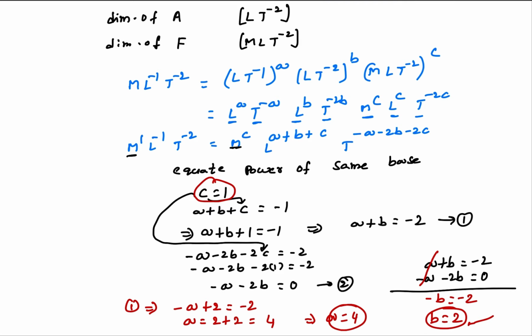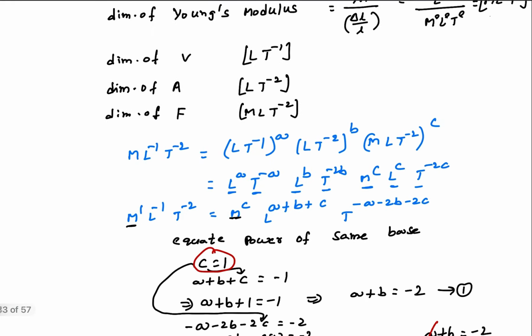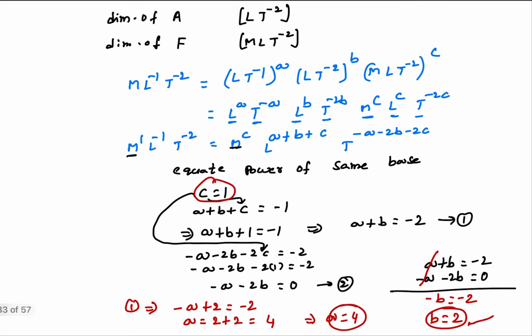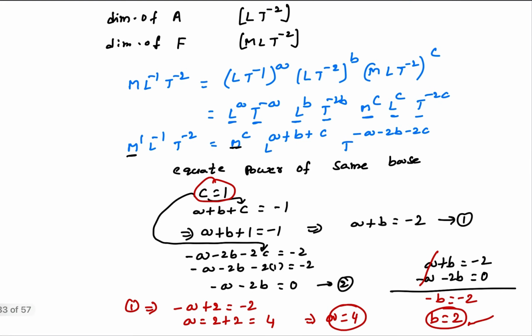Observe this. Minus a minus 2b, sorry. a + b = -2 is there. You can substitute the values. v^4 is not there, so let us check those relations. a + b + c = -1 with c = 1, and -a - 2b = 0.